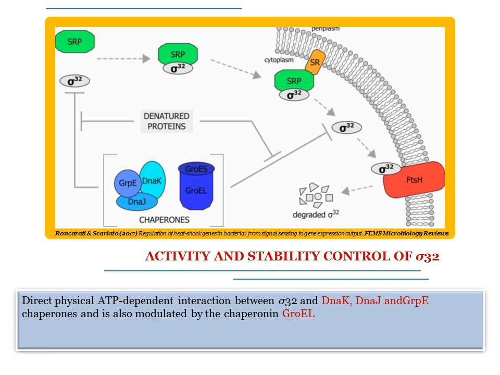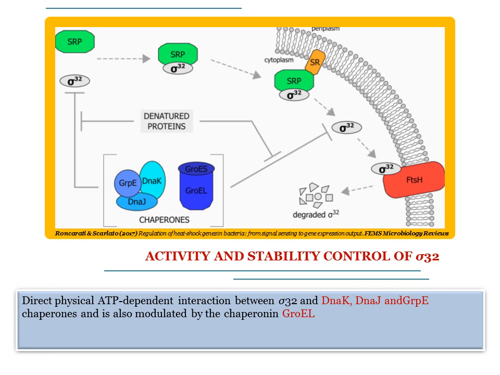So these basically keep a negative control, that is, they limit the amount of sigma 32 within the cell. Now this sigma 32 also gets picked up by SRP, that is signal recognition particle, and it is taken to the SRP receptor, which is localized in the membrane.